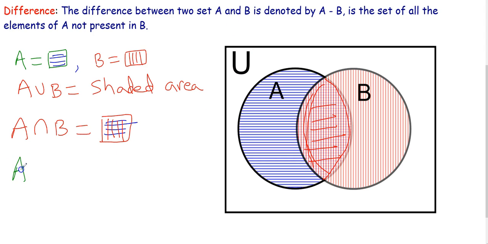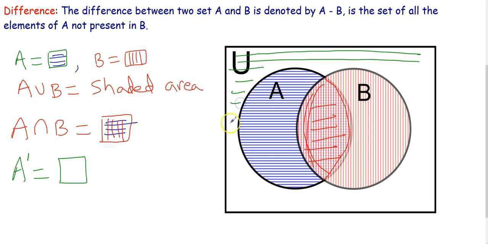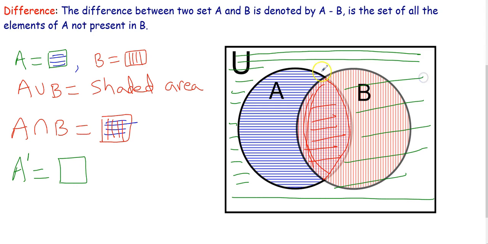A complement equals, leaving this set A, everything outside A, all this area, including the set B. Leaving this set A, everything comes under A complement.